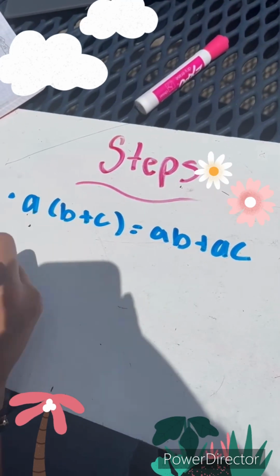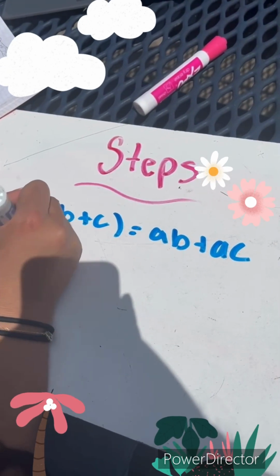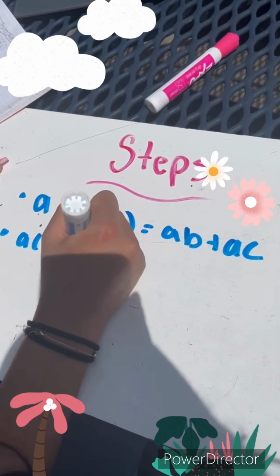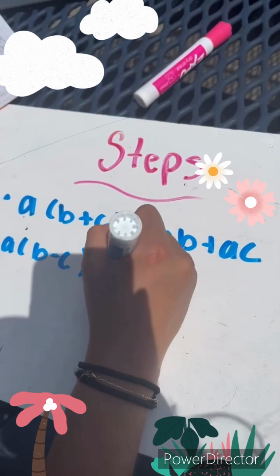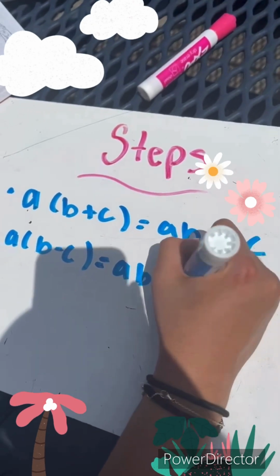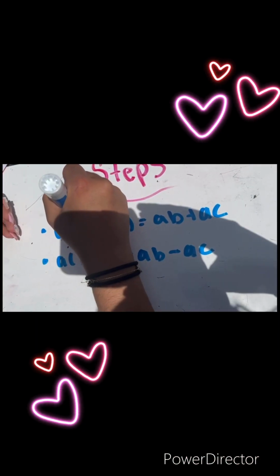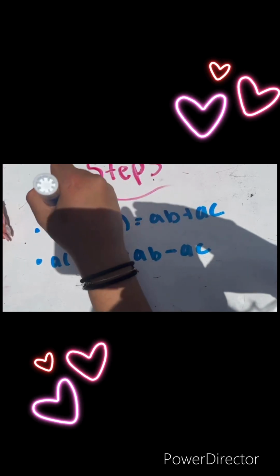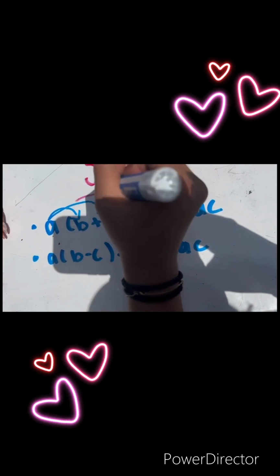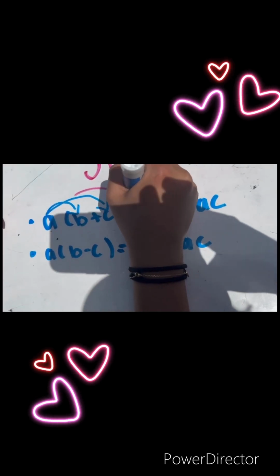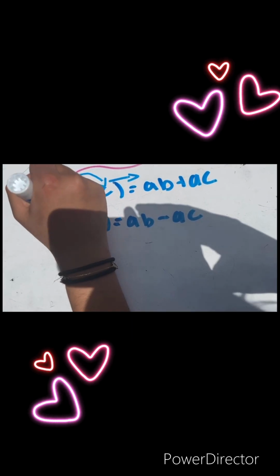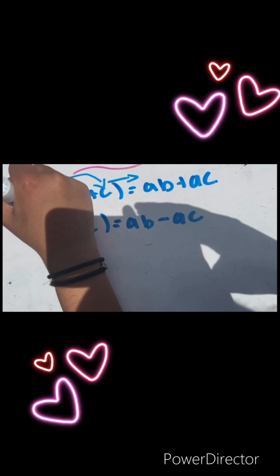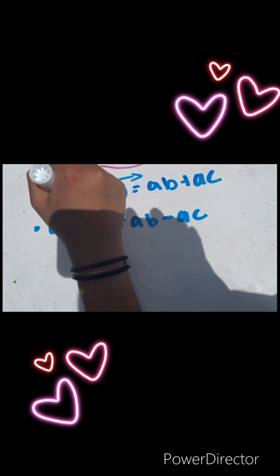Another one is A(B - C) = AB - AC. In order to solve these equations, you must distribute multiplication over addition and subtraction. These equations make sense because if you distribute A into the parentheses, it will be multiplying with those values individually.